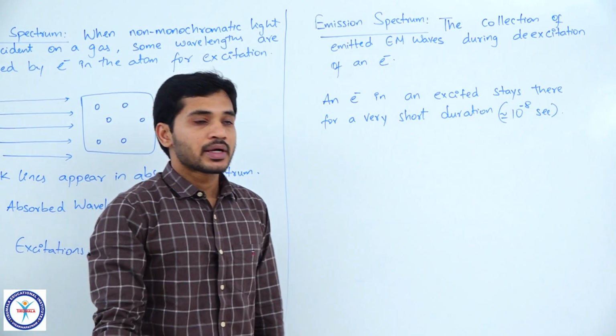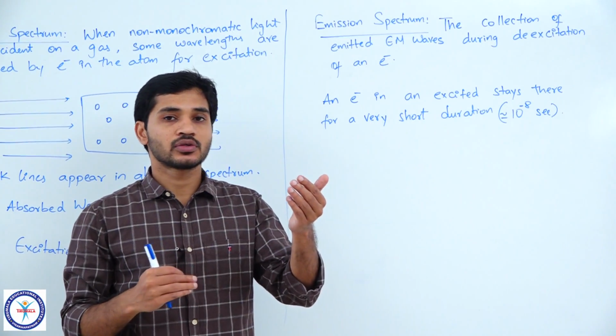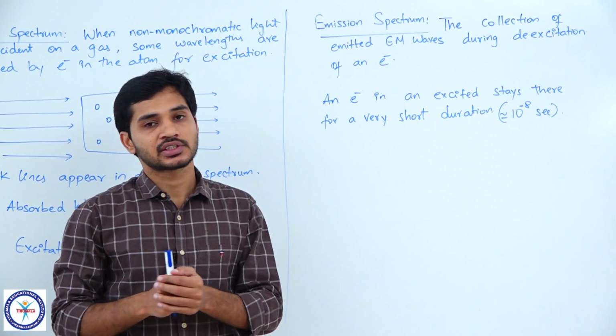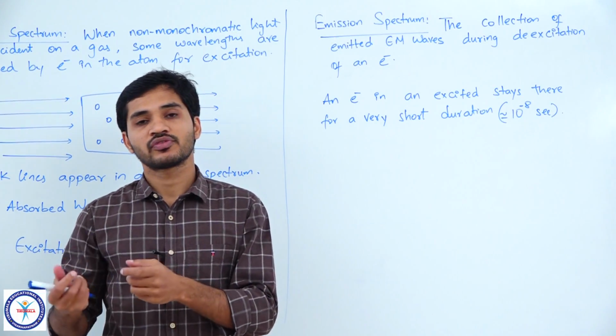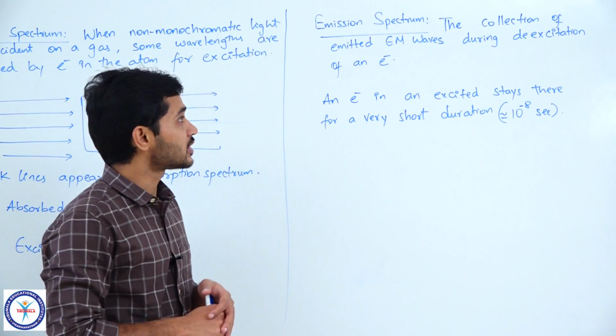So that is what we mean by emission spectrum. An electron in the higher energy state loses energy and comes to the lower energy state, and that difference is released in the form of a wave, a photon. So the collection of many such wavelengths is the emission spectrum.